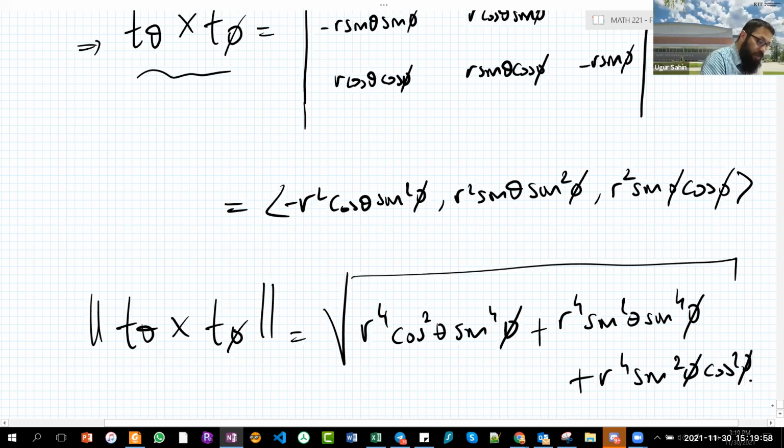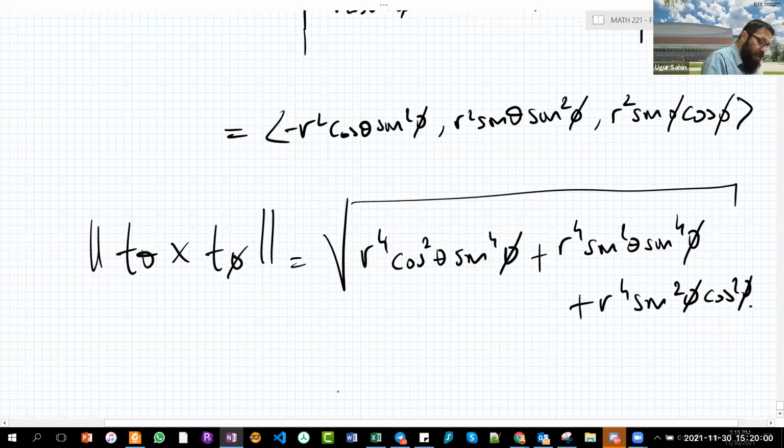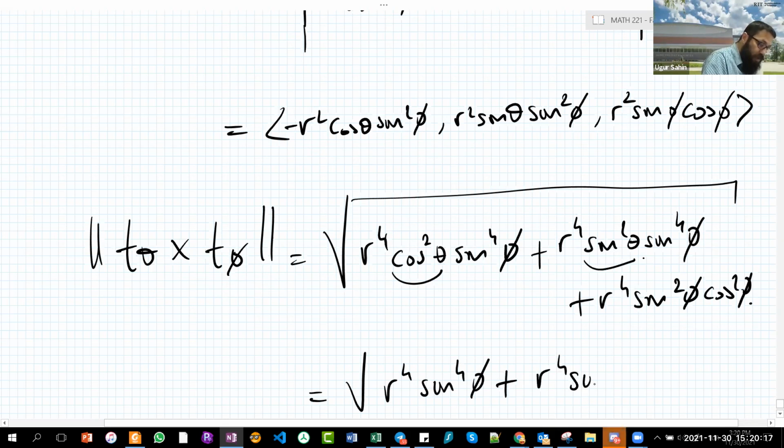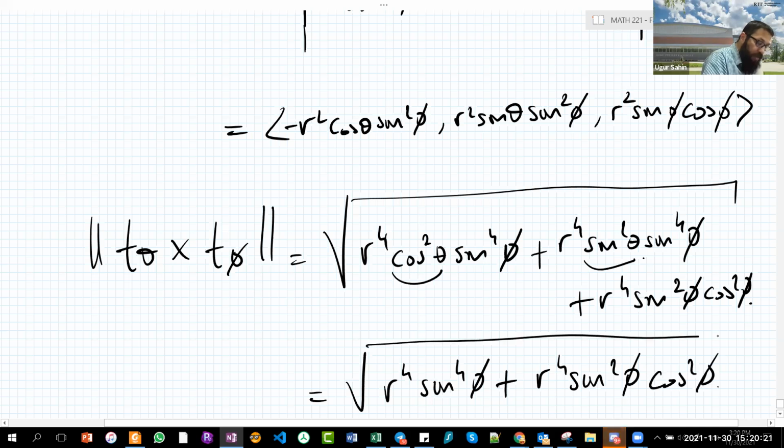Everything is in square root. What you see here, look at the cosine square theta plus sine square theta, right? That's going to give me 1. Then I have left r to the 4 sine to the 4 phi plus r to the 4 sine square phi cosine square phi.